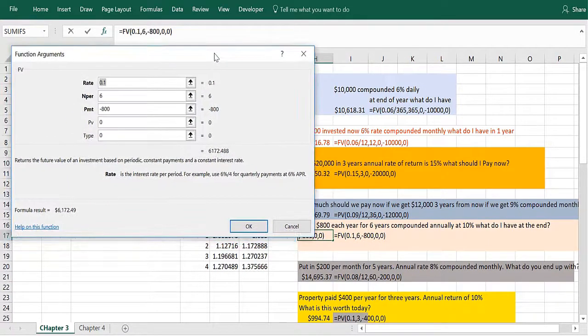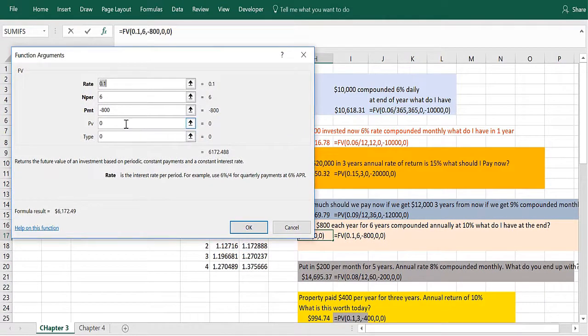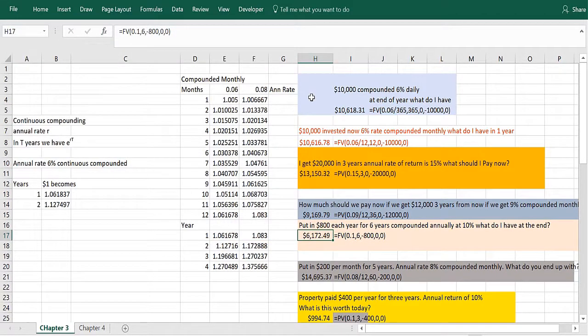And then basically that zero here means end of each year. There's no value put in at the end of the PV, nothing in your bank account now except those $800 every year. And so you would have not $4,800, which is 800 times 6. You would have $6172.49.